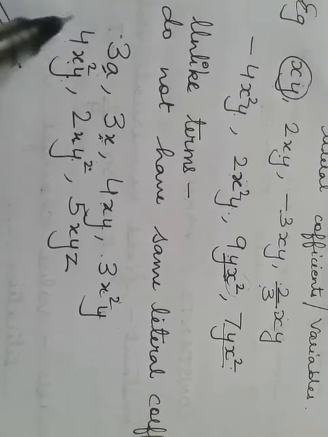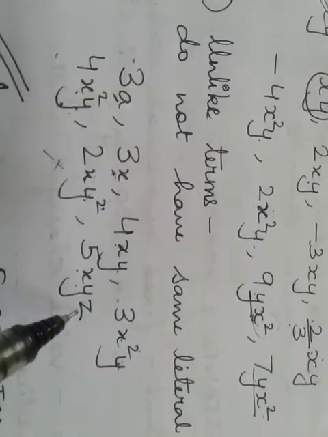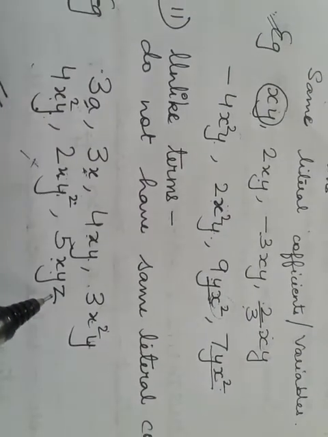These two look the same, but they are not the same. See very clearly, x squared y, x raised to 2 and y; here x, nothing is there, and y square. These two are unlike terms. Also x, y, z is unlike terms. I hope you have understood what are like terms and unlike terms.